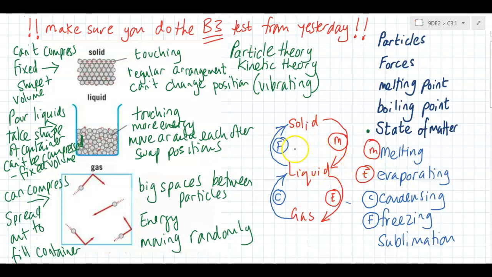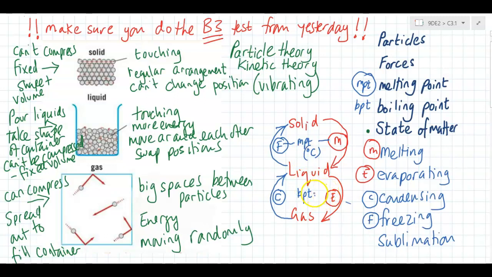But we refer to these points as melting point. Up here, here's our keyword, melting point, and boiling point. So both freezing and melting happen at the melting point, which we can measure in degrees Celsius.